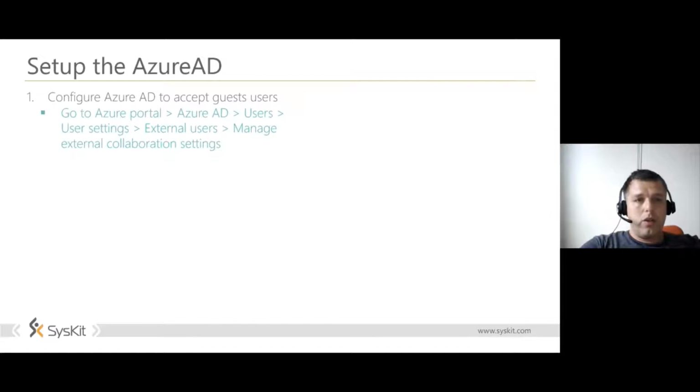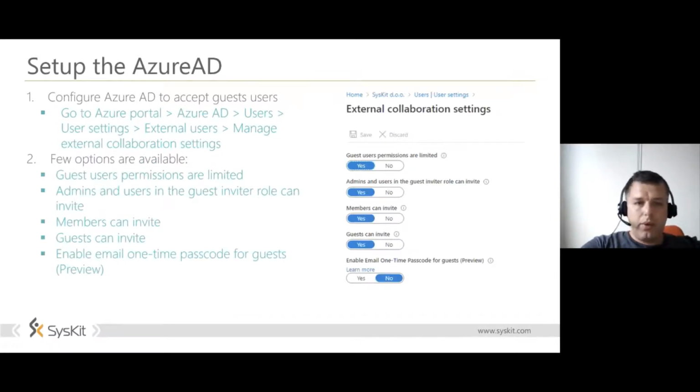Okay. First, we need to set up the Azure AD. We will open the Azure portal, and we will go to Azure AD user settings, external users, and there we'll manage external collaboration settings. We have a few options available. I will just walk you through them really quickly.